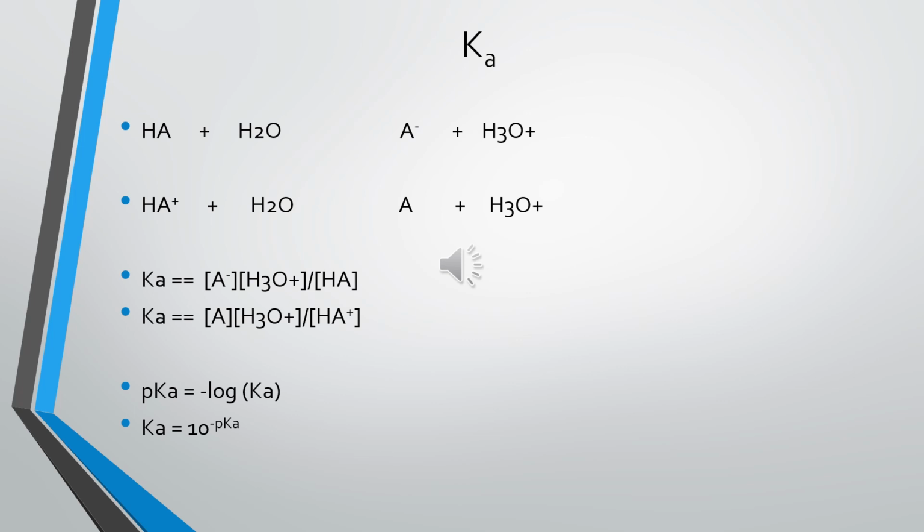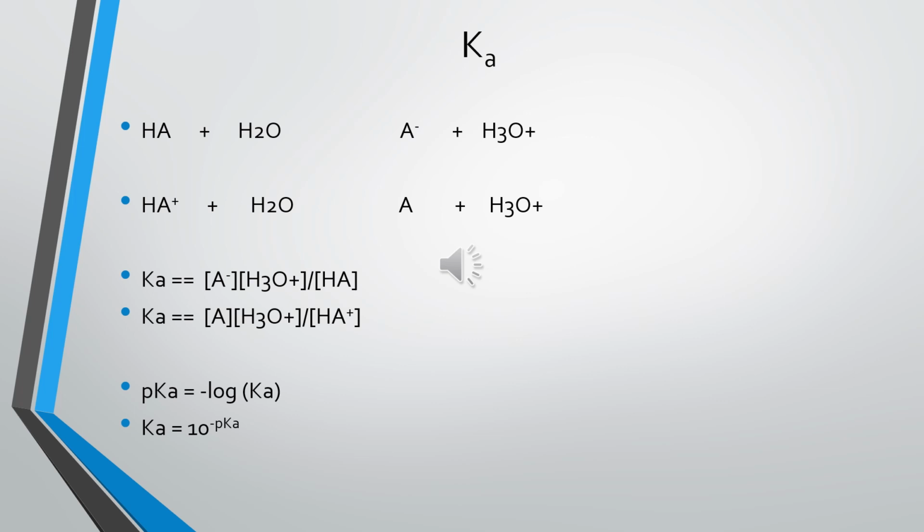Now remember, we don't include water in the equilibrium expression since water is the solvent and its concentration is essentially constant. Now pKa is the negative log of Ka. That's what the P operator in chemistry means, take the negative log of. It's an operator, right? And so it follows that Ka is equal to 10 to the minus pKa.